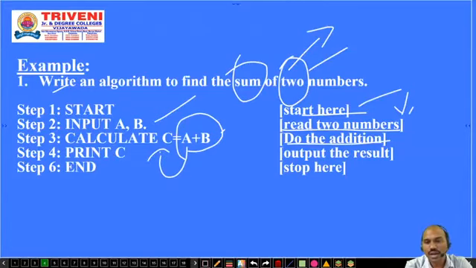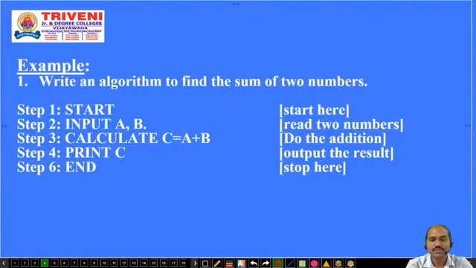So here we do the addition into c. After completing the calculation, we print the calculated value, that is c, where the two numbers a and b are added. After printing, the algorithm is complete. This is the simple algorithm for the sum of two numbers, okay.